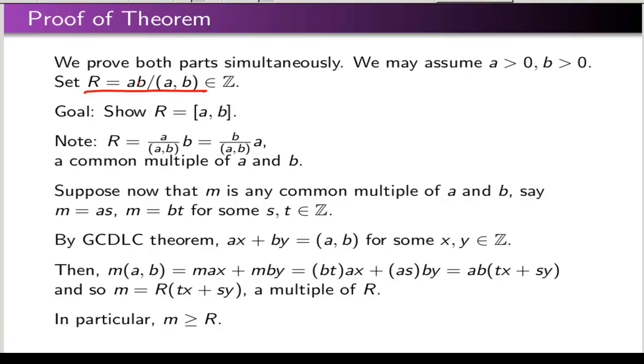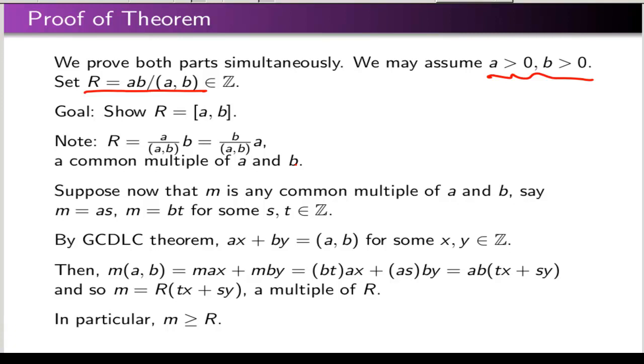And our goal is to prove that R is in fact the least common multiple. So let's go ahead and just assume A and B are both positive here. So note we can write R two ways. I can write it as A over the GCD times B, or as B over the GCD times A. And so we can see that capital R is a common multiple of both A and B.